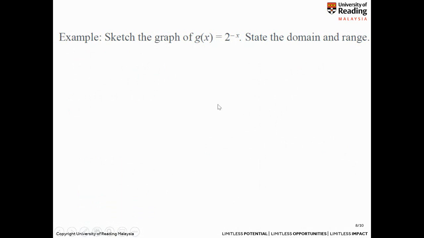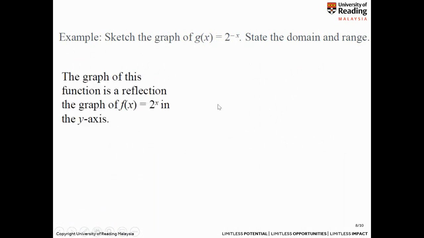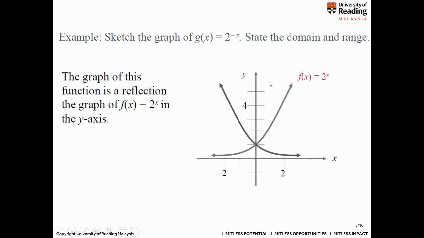Now let's look at the graph with 2 to the power minus x. State the domain and range. Okay, you may do the table, but if you are familiar, then this graph is a reflection of the graph 2 to the power x in the y-axis. So you'll see that this is your original f of x equal to 2 to the power x graph. Then this is the reflection along the y-axis.